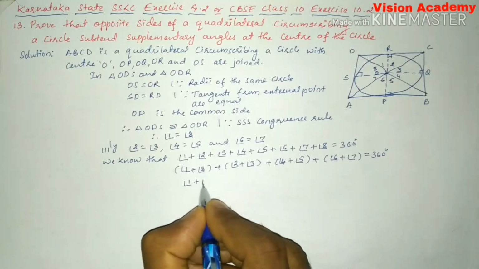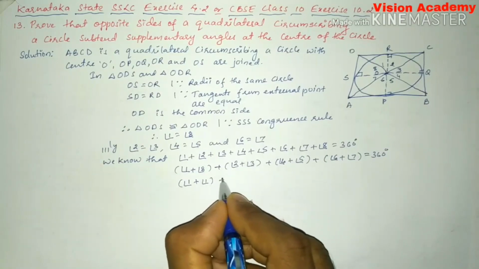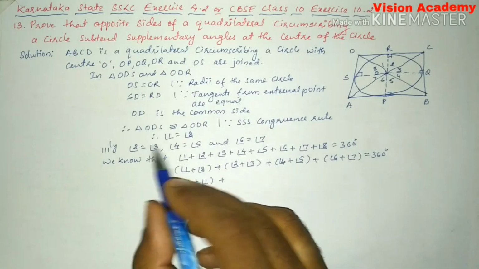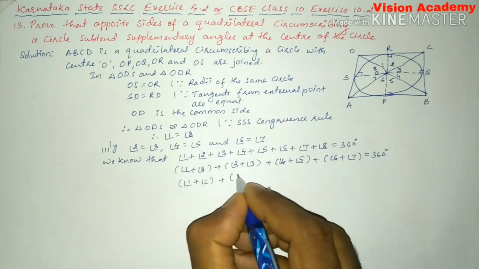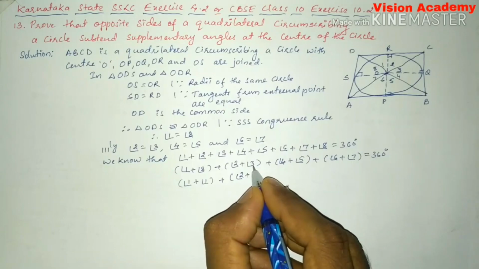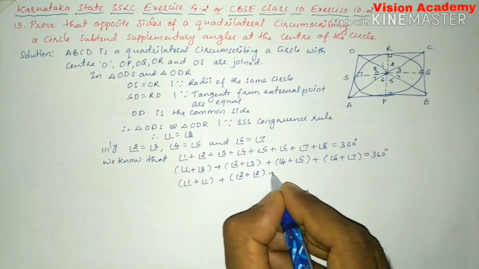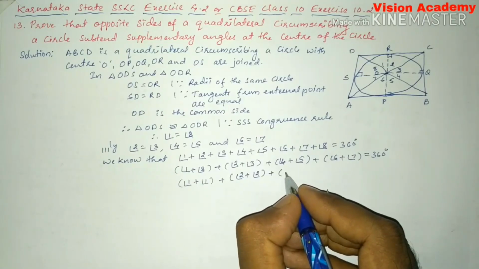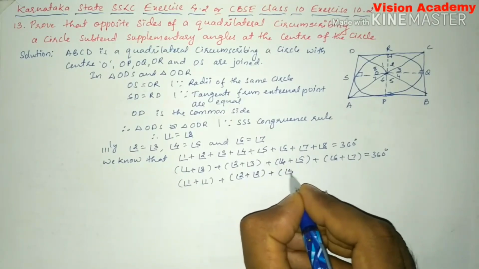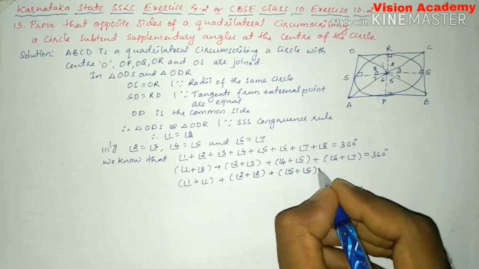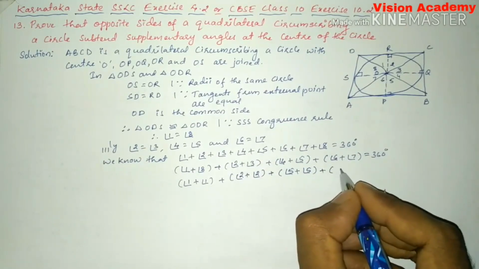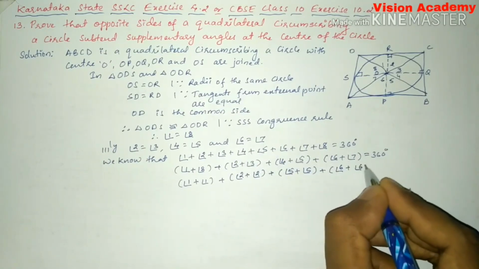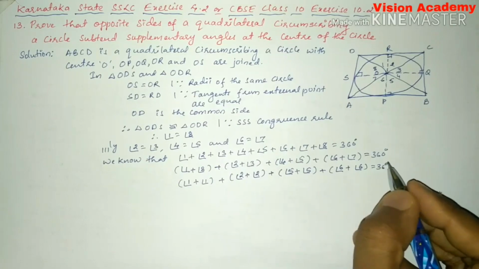So angle 1 plus angle 1 plus, now you can see angle 3 is equal to angle 2. Here we will write angle 2 plus, and in place of angle 3 we will write angle 2. Next plus angle 4 is equal to angle 5. Here we will write angle 5 plus angle 5 plus, next we will write angle 7 is equal to angle 6. Here we will write angle 6 plus angle 6 is equal to 360 degree.